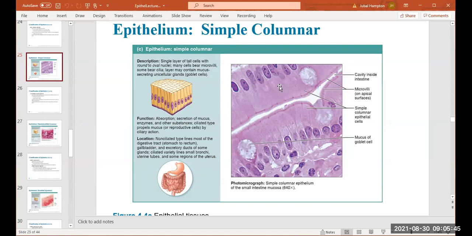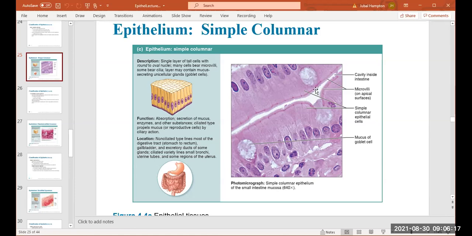The photomicrograph, again with an H and E stain, shows us columnar epithelium with goblet cells. So these areas here that my pointer on the screen is being moved over, these are goblet cells, and they're producing mucus. Goblet cells do not have microvilli.